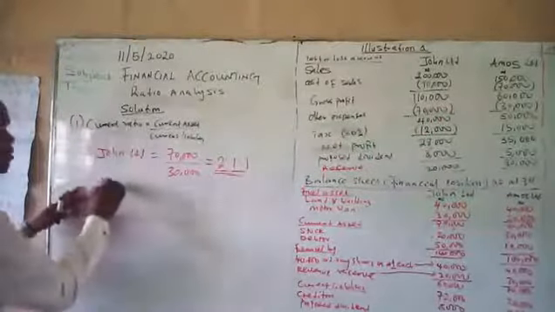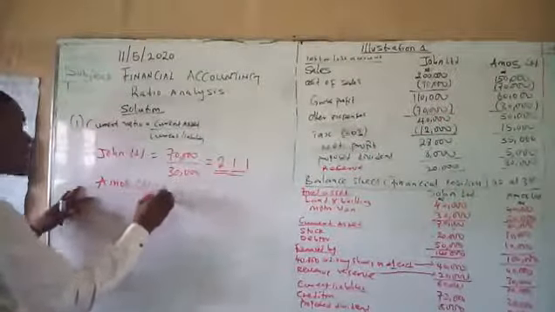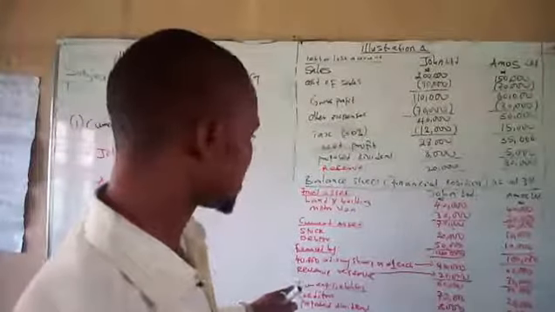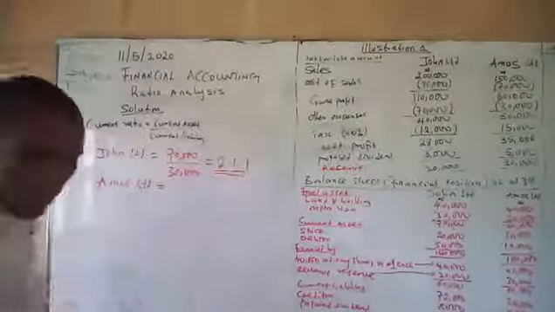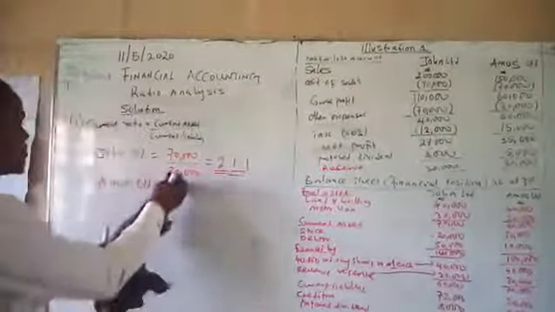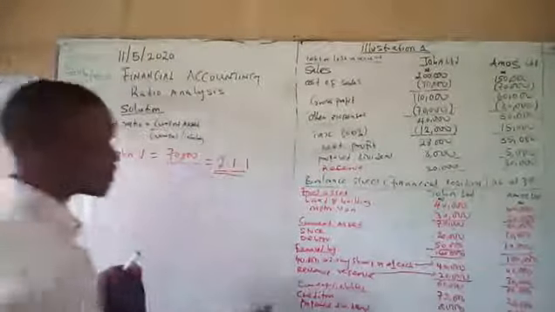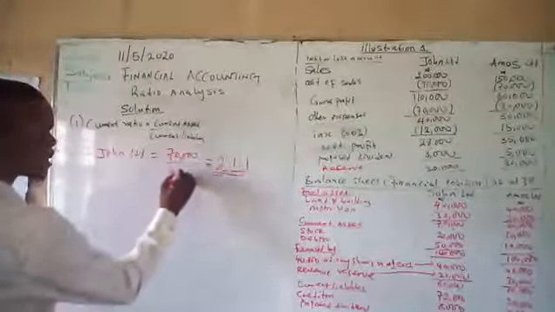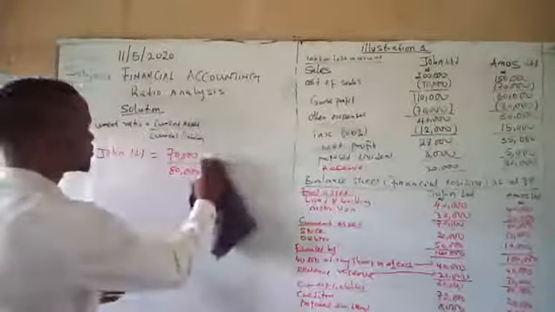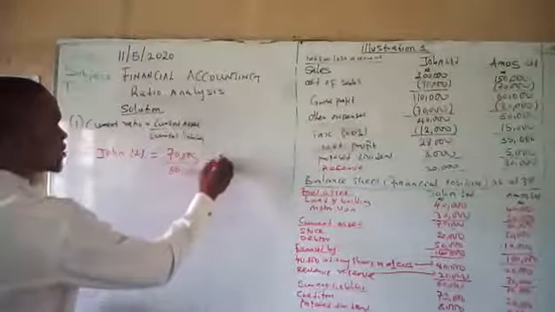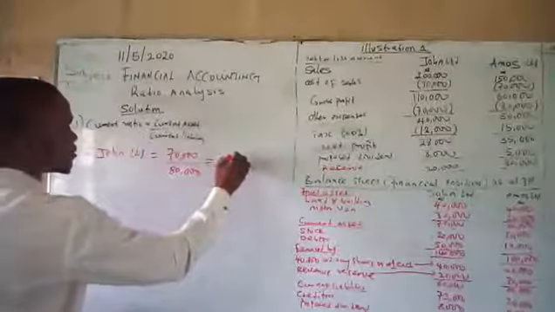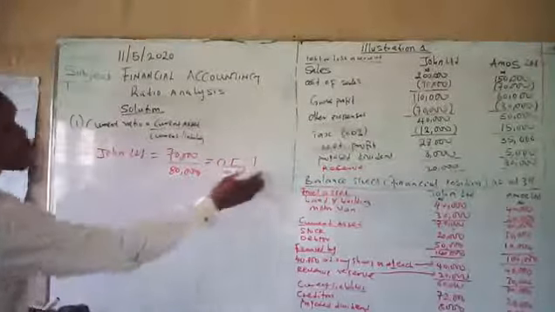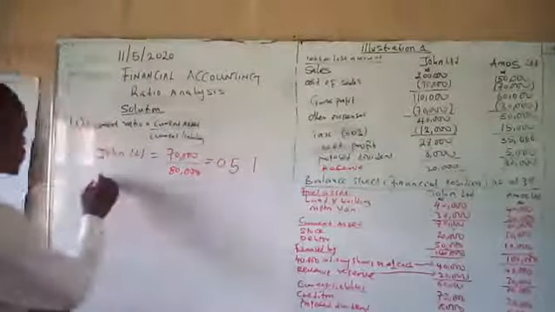Now let's calculate for Amos Limited. Remember, for John Limited the current liability is 80,000 naira, giving 0.5:1. That's 0.5:1 for John.